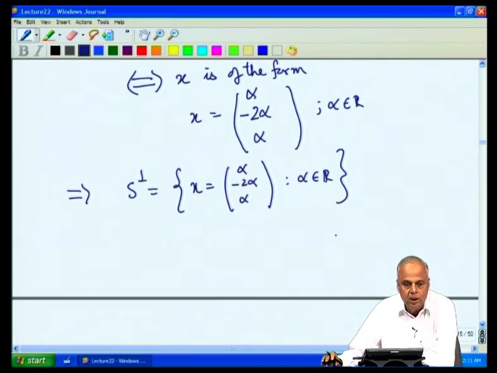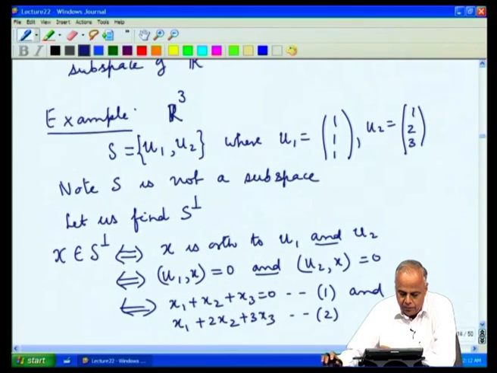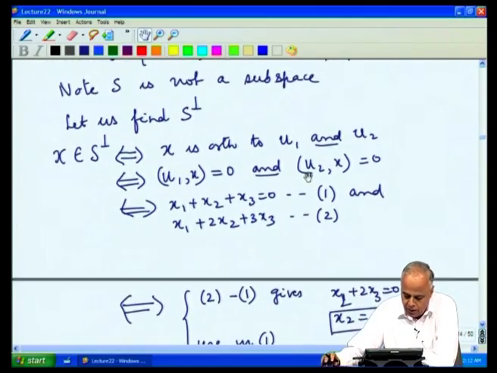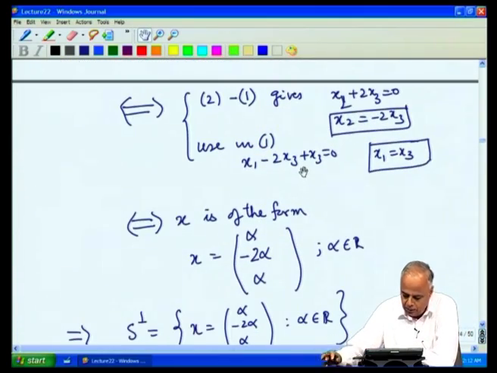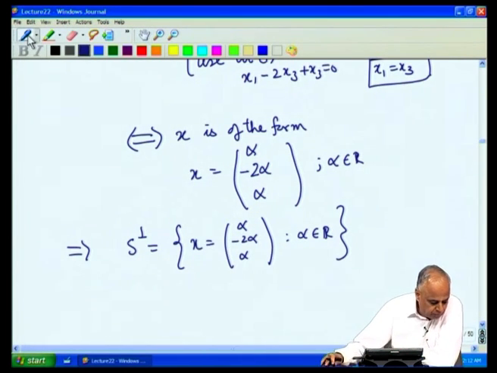So, for this collection of vectors S which we found, the corresponding S perp is given by this subspace of vectors. The S perp is always a subspace.